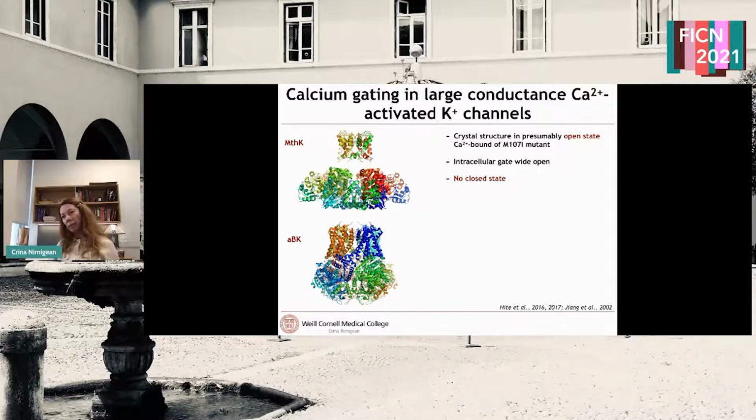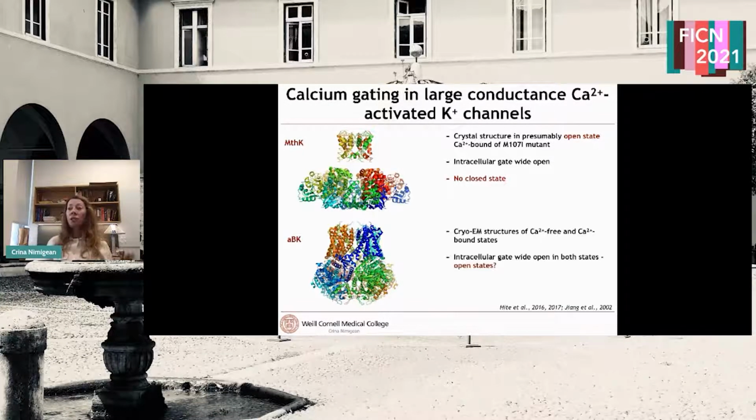So both calcium binding to this RCK gating ring and the voltage depolarization modulate the opening of the gate of the BK channel. Structurally speaking, we have cryo-EM structures of both calcium-free and calcium-bound states of two types of BK channels.